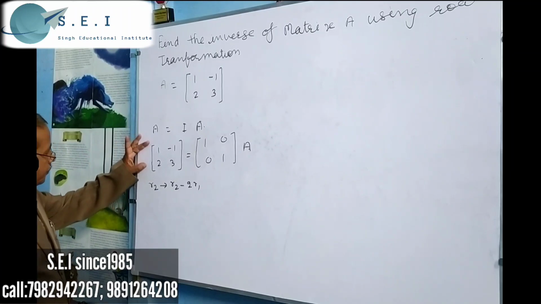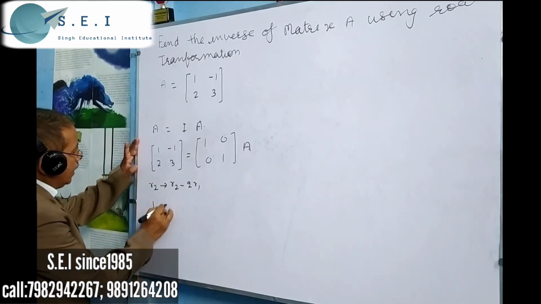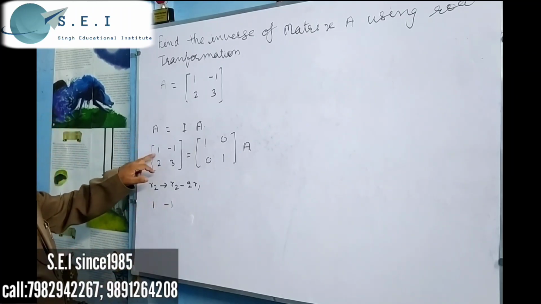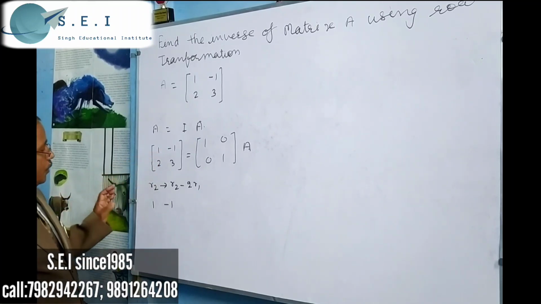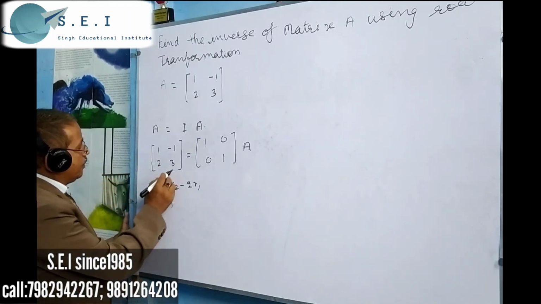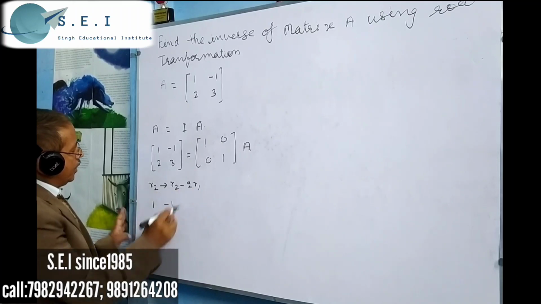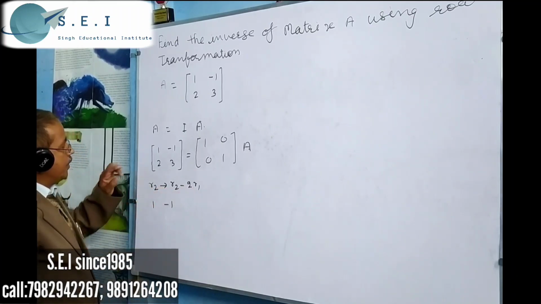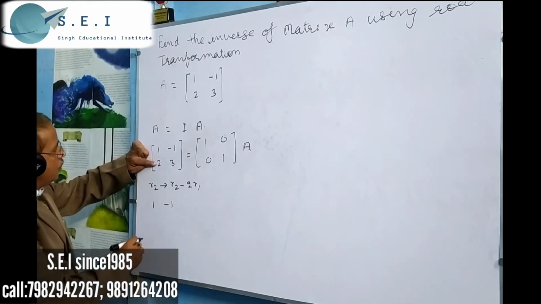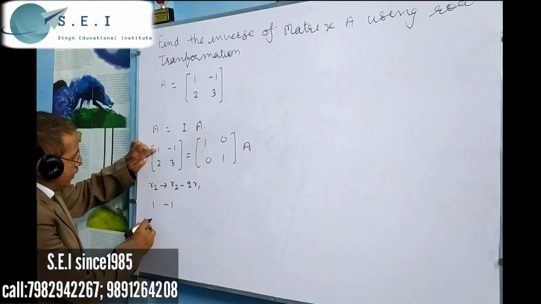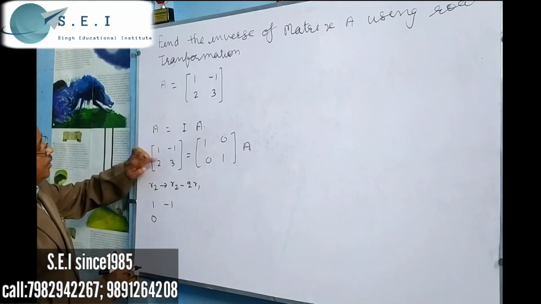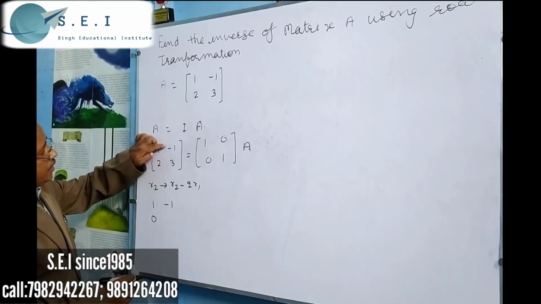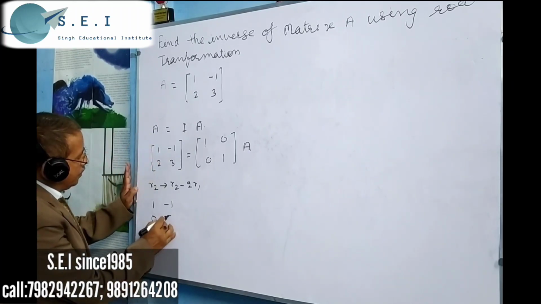It is 1, -1, as we have said that the first row remains the same and the second row is transformed by the formula R2 is equal to R2 minus twice of R1. So this R2 minus twice of R1 is 0 and this R2 minus twice of R1 is 5.